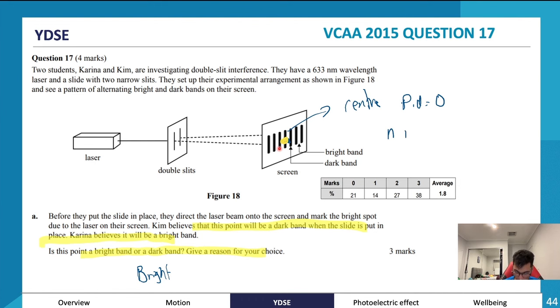Because of this, we are going to expect constructive interference, and we're going to see an antinodal spot. As long as you include keywords such as constructive, antinodal, a whole multiple of a wavelength, bright bands, you should be pretty set with these.